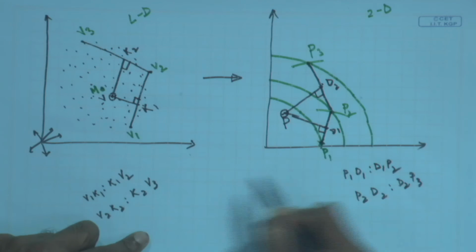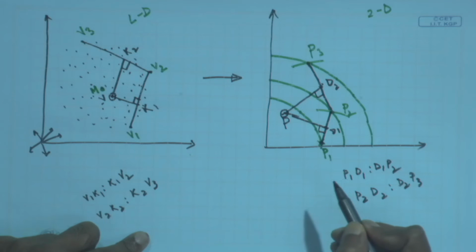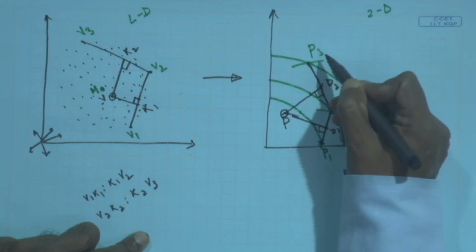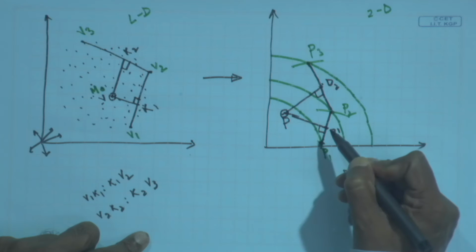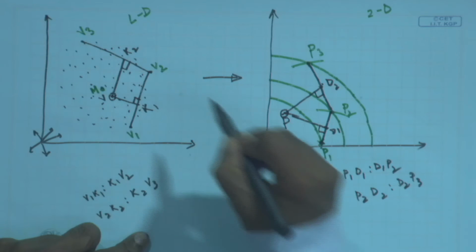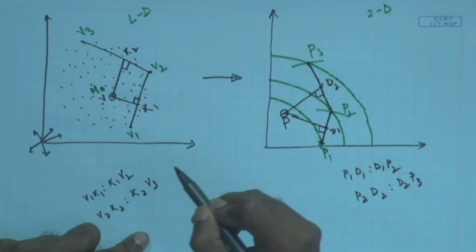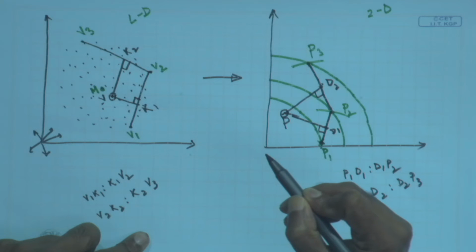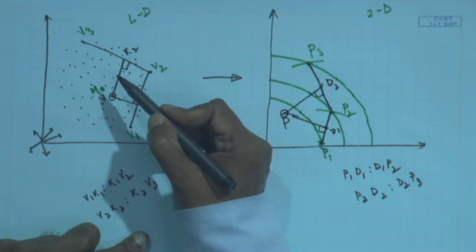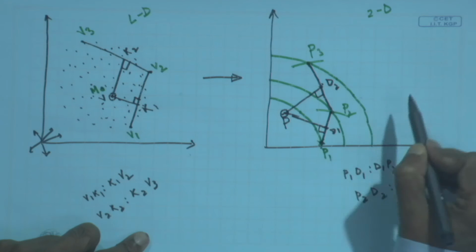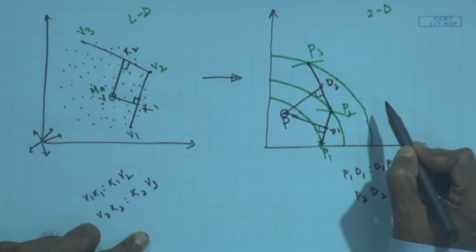This method has to be repeated for the remaining n minus 4 points, because 4 points are already mapped: P1, P2, P3 and P. So, I have the remaining n minus 4 points, and you will have to repeat this method n minus 4 times, so that you can approximately map from the higher dimensional space to the lower dimensional space.